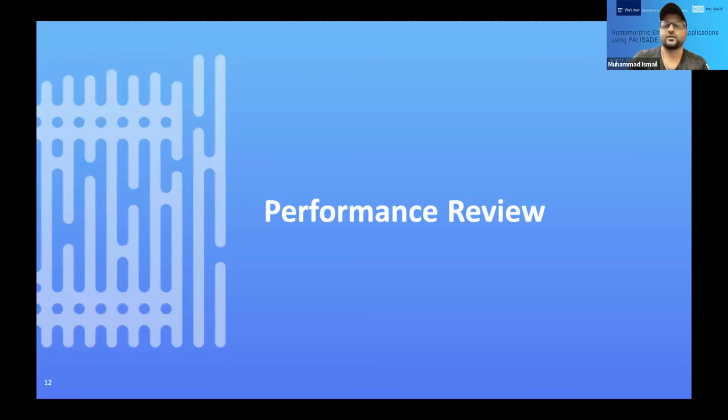I've been working in safety critical embedded software for almost 12 years, and I've also worked in blockchain technology. Then I was introduced to the state-of-the-art PALISADE, and I have been working on the WASM port.